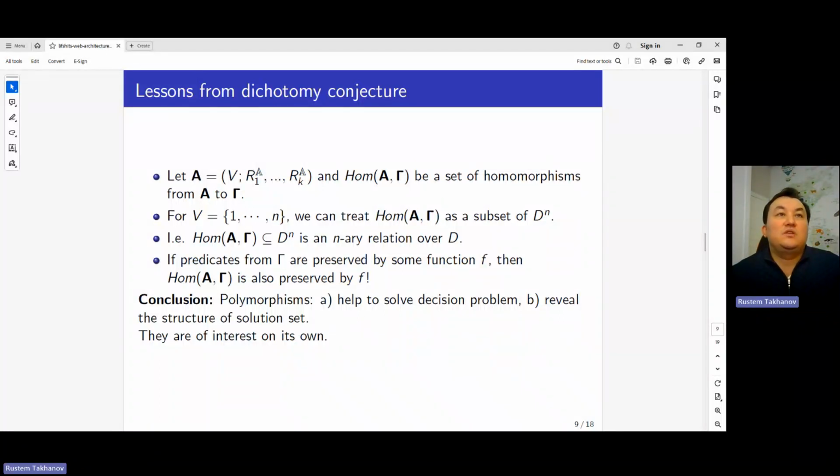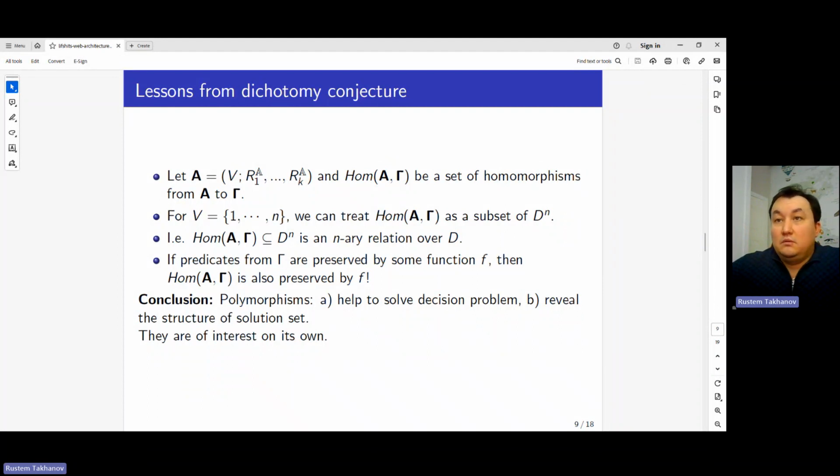Polymorphism is just a general property of a constraint language, and it's easy to see that if the constraint language preserves a certain polymorphism, then any constraint satisfaction problem with that constraint language will be preserved by that polymorphism. So basically, polymorphism is just a certain algebraic procedure using which, from existing solutions of a constraint satisfaction problem, we can define new solutions of the same constraint satisfaction problem. So they're interesting by themselves.